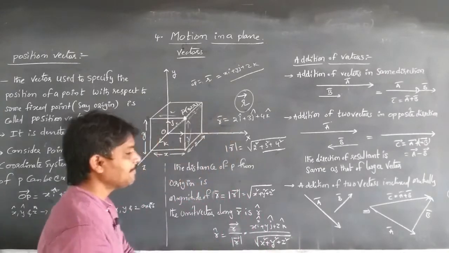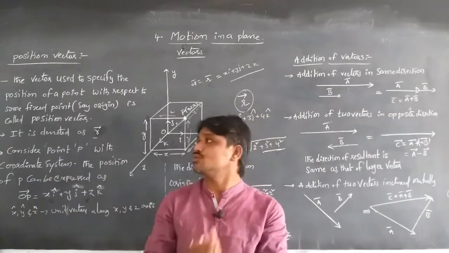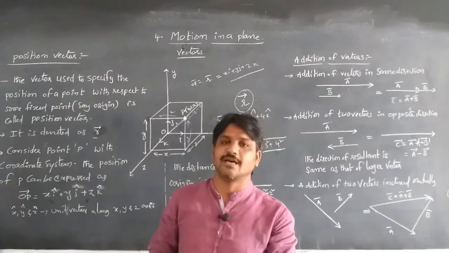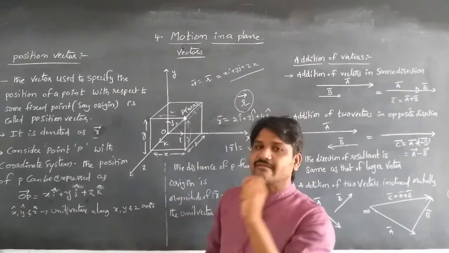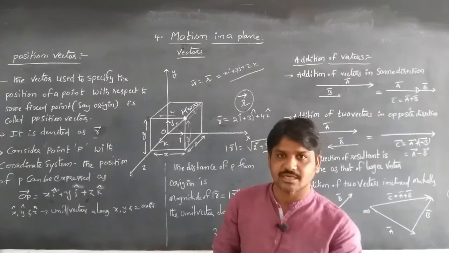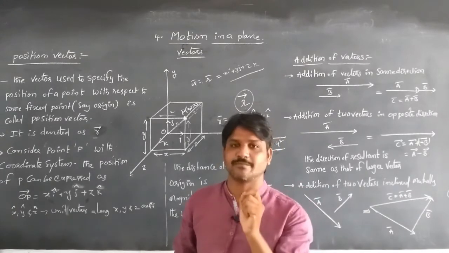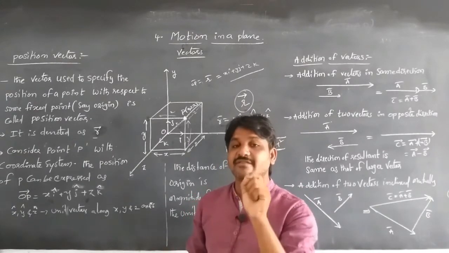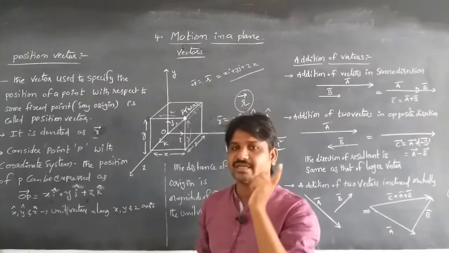Once again, a position vector is used to specify the position of a point with respect to a fixed point, say the origin.